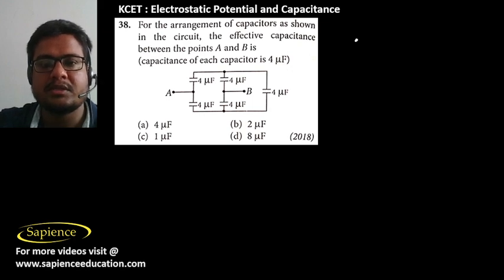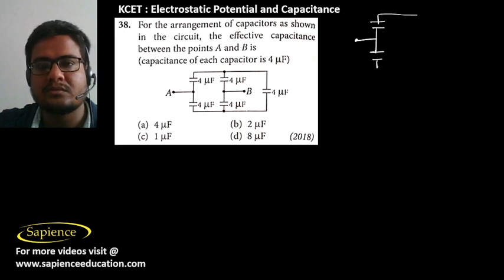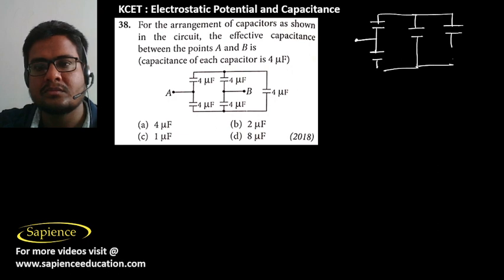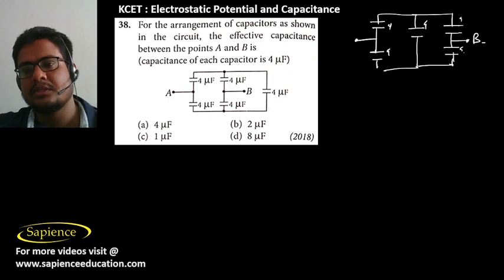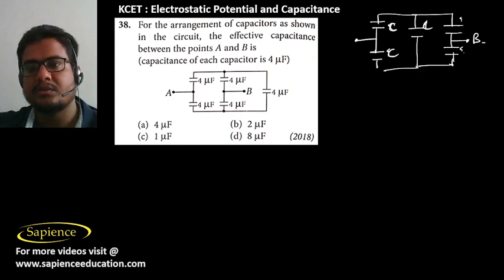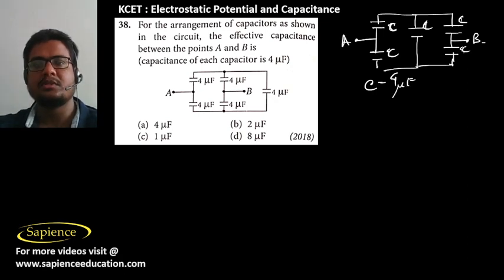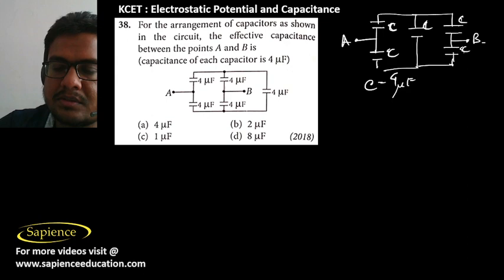So this can be equivalently drawn like this also. So all are 4 microfarad. Let's say their capacitances are C only, where C is equal to 4 microfarad. So across the points A and B, we have to find the effective capacitance.